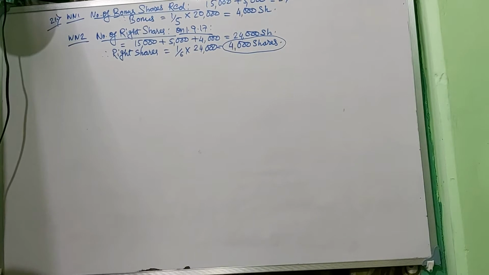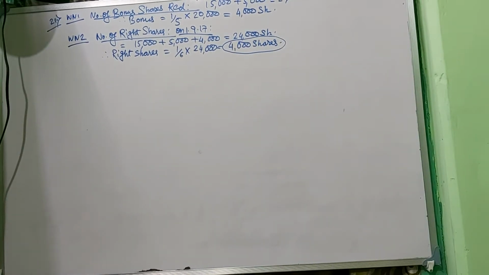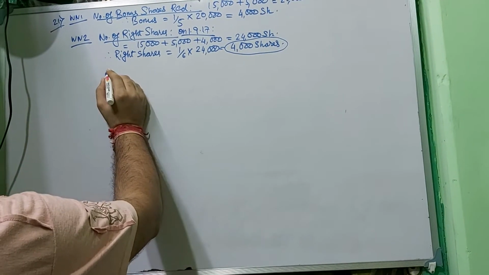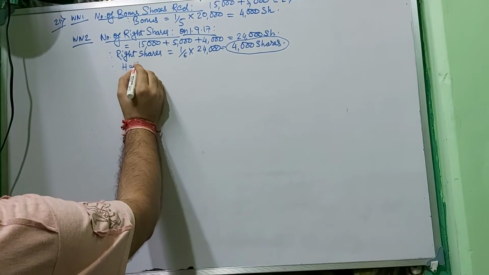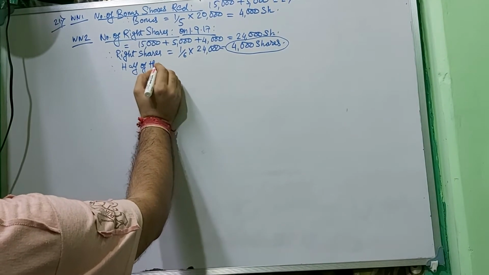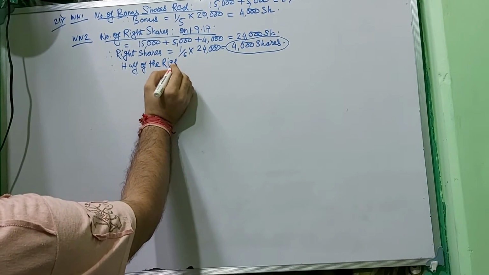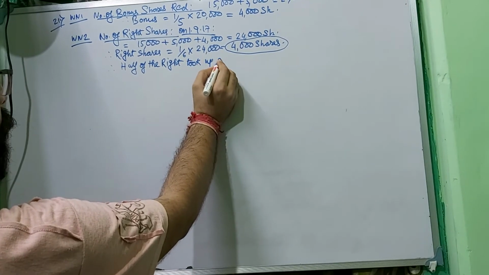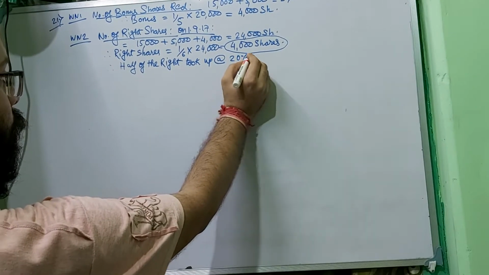They are taking half of the right at 20% premium on the issue price, means face value is 10. 20% premium means rupees 2, means 12. They took up half of the right at 20% premium.